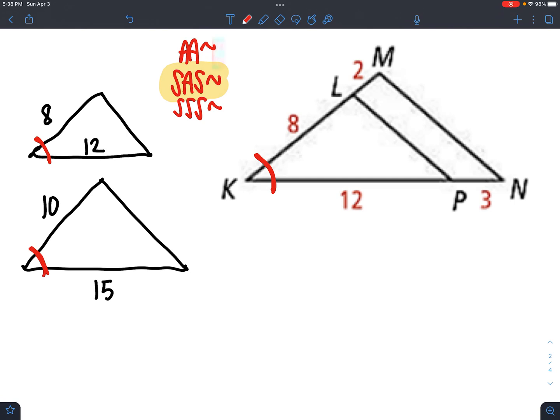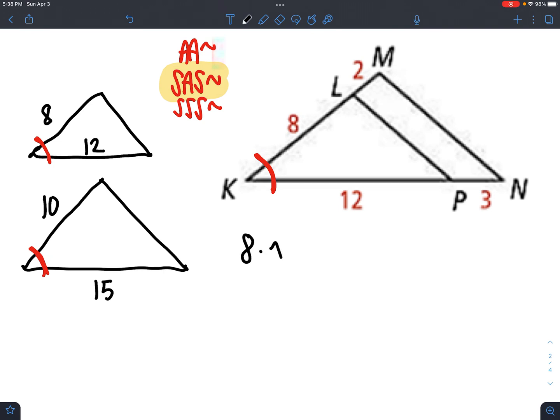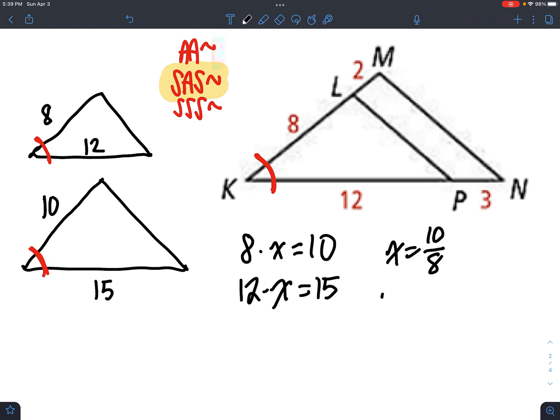So if I want to show similarity, I need to show proportional sides. So can we multiply 8 by something to get 10? And in the same way, multiply 12 by something to get 15. And if I divide to solve for x, I find out that both of them are 5/4, which is great.